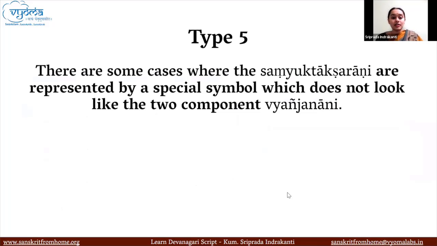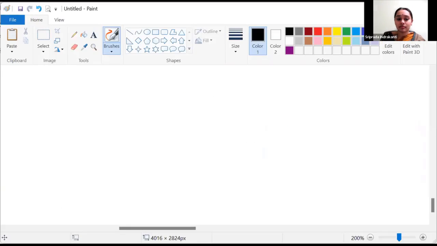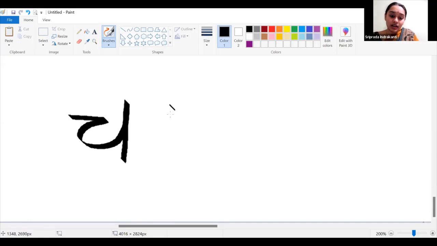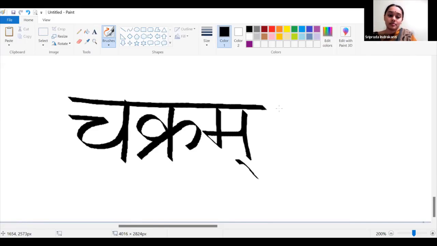Now we look at some examples. Chakram. So first you draw Cha, and then you draw the K, and this is the Rakara, Chakram, Repa. Chakram has the Makara ending. This is Chakram.